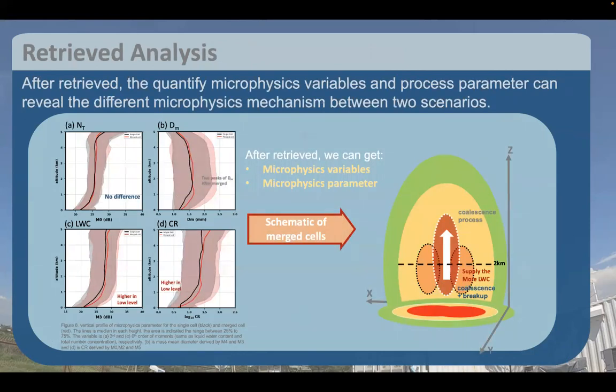So we can get a schematic of merged cells like the right-hand side figure. Because of the higher liquid content and no difference in the total concentration, we can know that in the merged cell, the coalescence and breakup processes dominate in the lower level, so it is an equilibrium DSD.